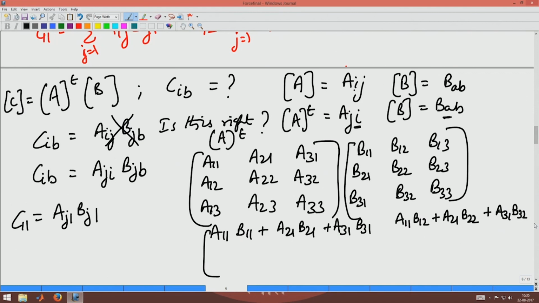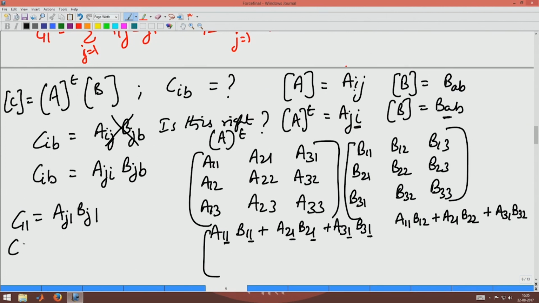So, if you see now, C11 would be Aj1 Bj1, this 1 1 has to repeat at the end. The column index of B and A should be the same. You can see that it is the same here. Whereas this j means you have to sum 1, 2, 3, which you are doing on the row index of A and B. Okay.